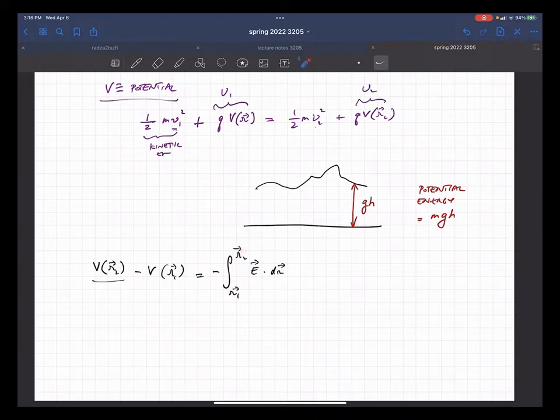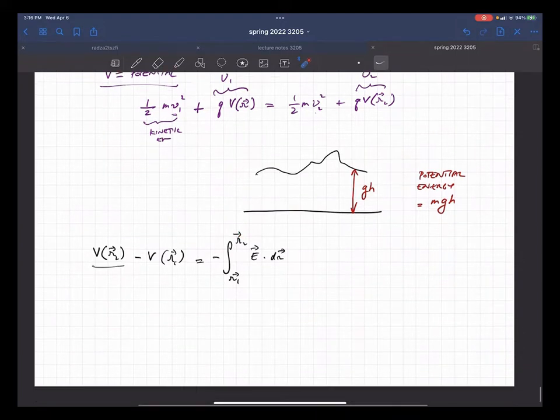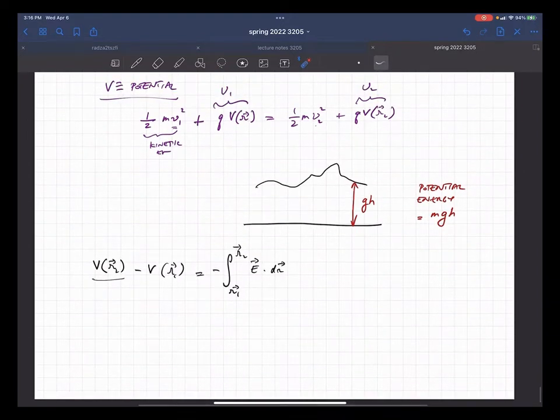It comes out of the math, but the way you can look at it is that the electric field is pushing you in a certain direction, but you're working against that. So you would have this minus sign.